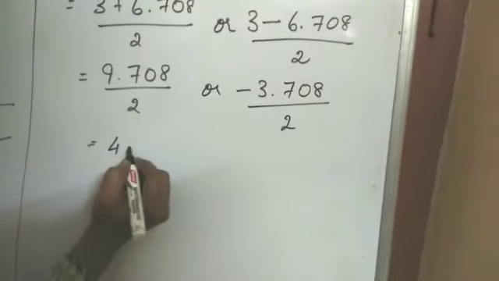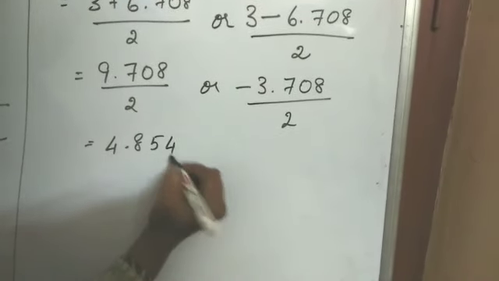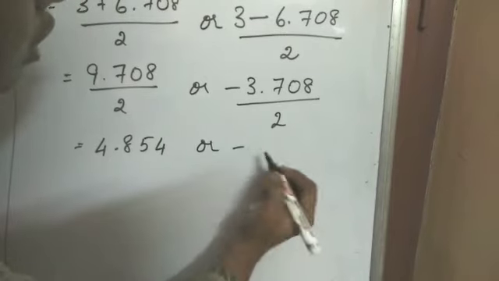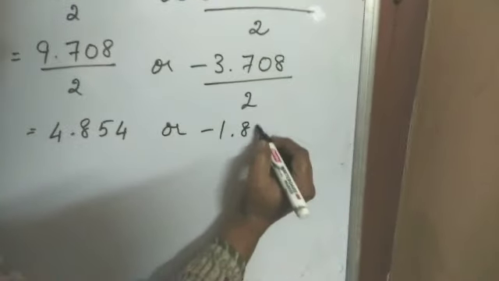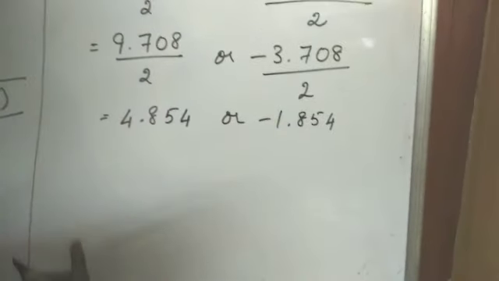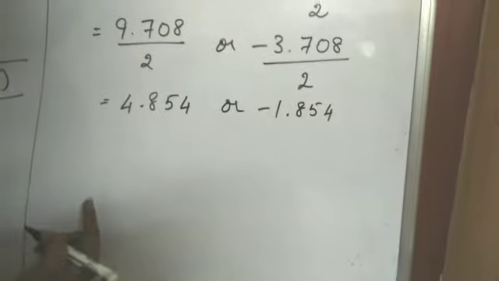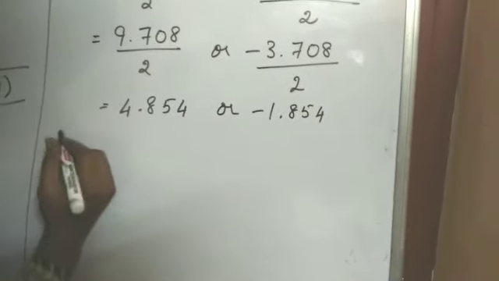So 4.854 or minus 1.854. Now in the question they ask you to get the answer correct to 2 significant figures.